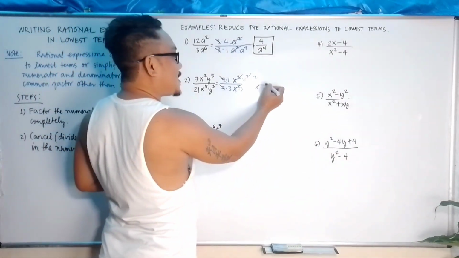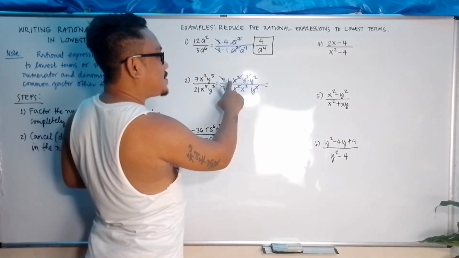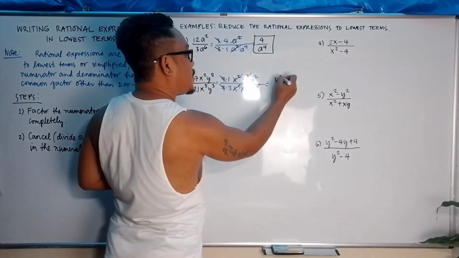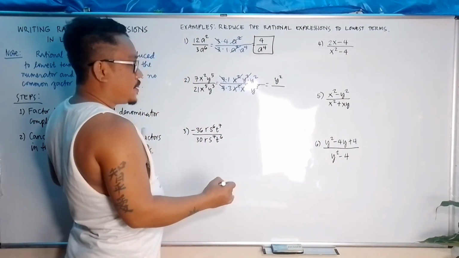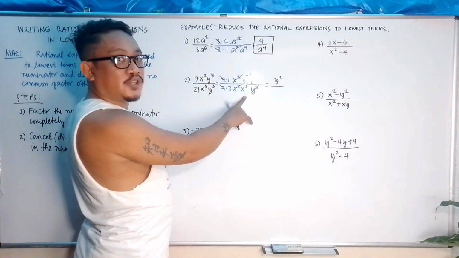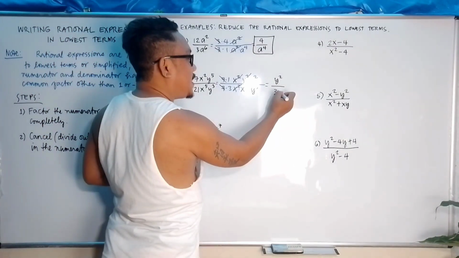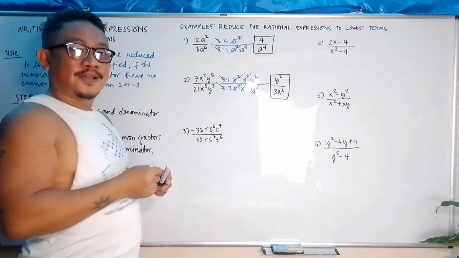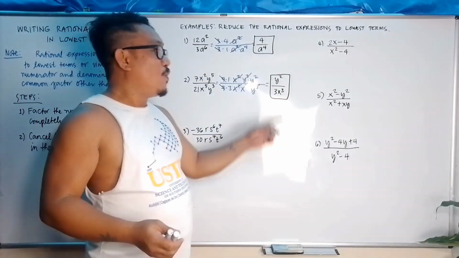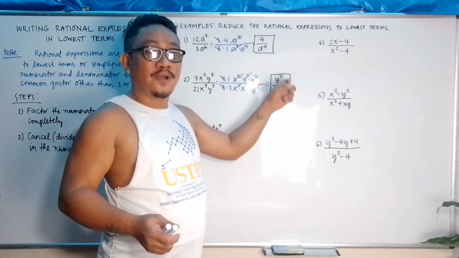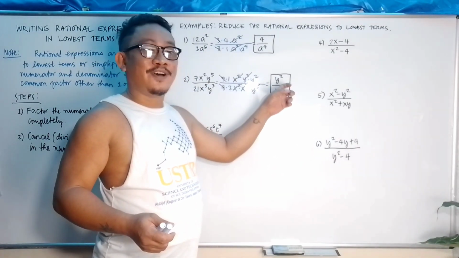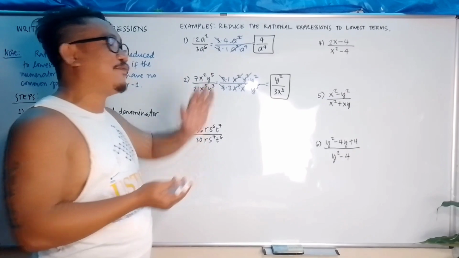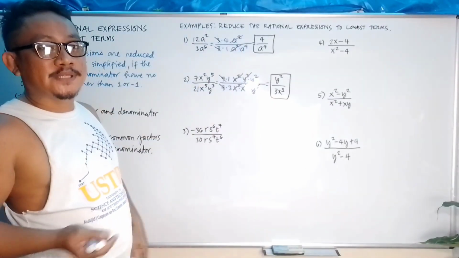So, kung saan nabilin sa taas, 1 times y squared, you have y squared. All over, 3 times x cubed, you have 3x cubed. Okay, that's it. So, klaro kayo sa final answer, wala na sila yung common. No? Naklaro na to? I really hope natin nasabtan, no, sa first two examples na to.